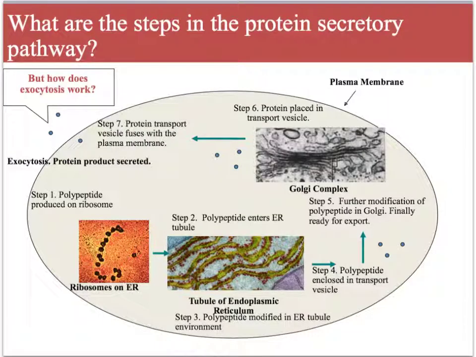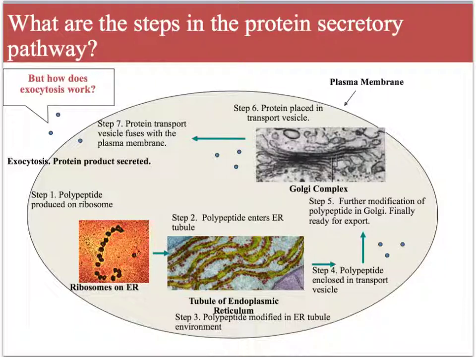Okay, so the steps in the protein secretory pathway, this has been on exams in the past. So if you can learn this, and things like this, I try just to learn in a logical way. So you sort of think, what makes sense? So if I want to secrete a protein, first of all, I need to make it. So my polypeptide, poly meaning many, peptide is a type of bond that we have with amino acids.